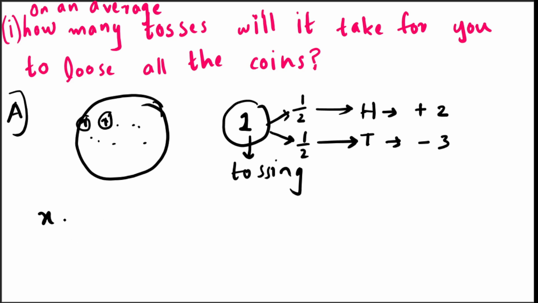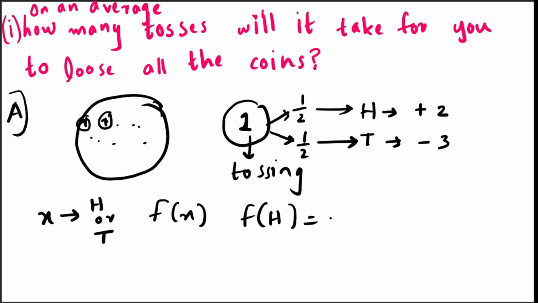Now let us introduce a variable x, where x can be head or tail. Let us define a function f of x. If x is head, f of h is plus 2, and f of tail is minus 3.